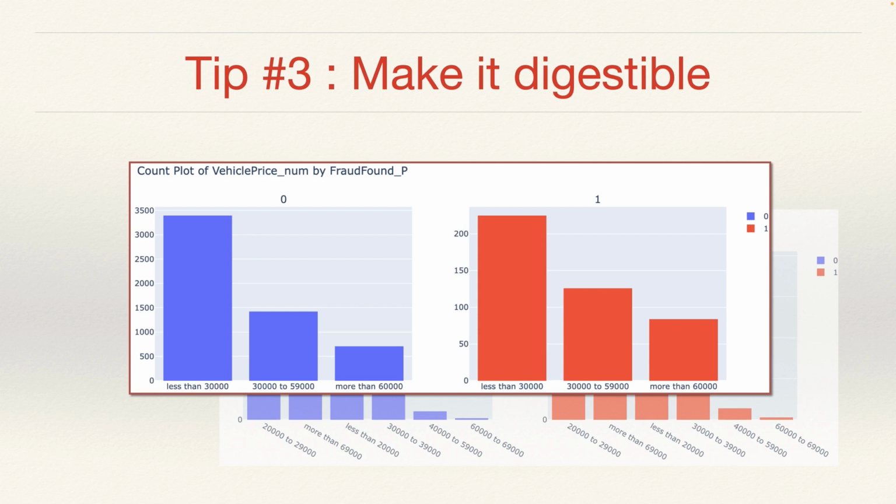So once they understand the overall concept, then you can go deeper into the analysis. But first, it's very important to let the domain experts or the listeners understand the overall concept. You should be able to start simple. And the very first and the easiest way to make something simple is that when it's a categorical variable, you can reduce the number of categories.